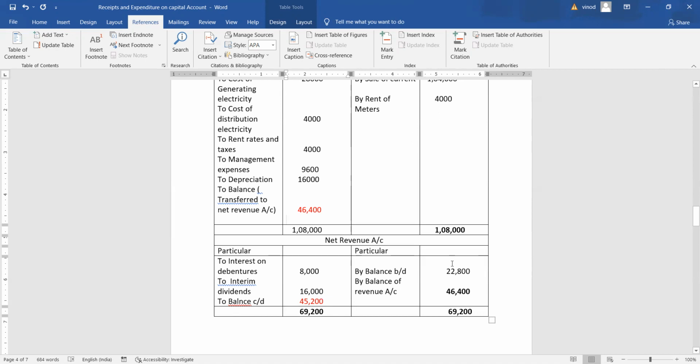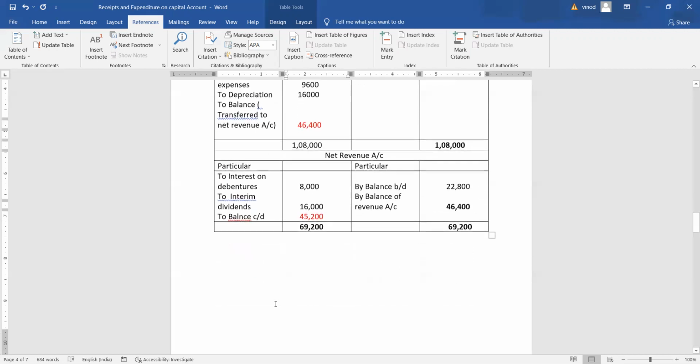Since the credit balance is more than the debit balance, by adding the credit side we get 69,200. Then we brought this value to the debit side. Then we deducted these two values. The answer is 45,200. This amount we have transferred to the balance sheet.